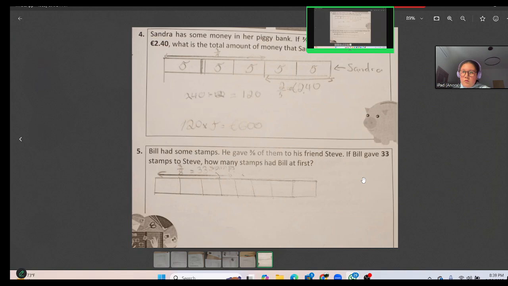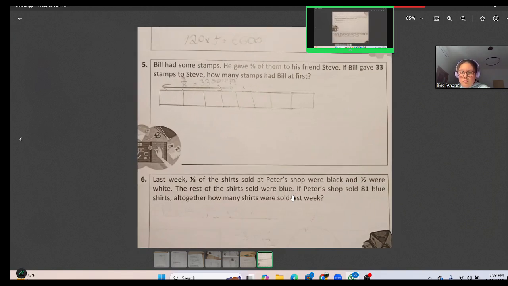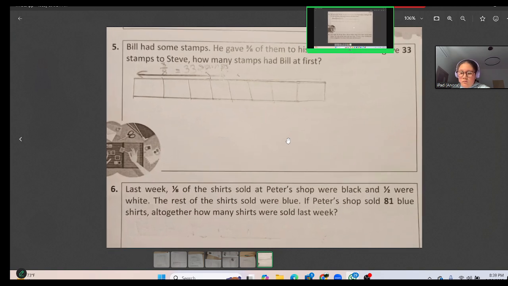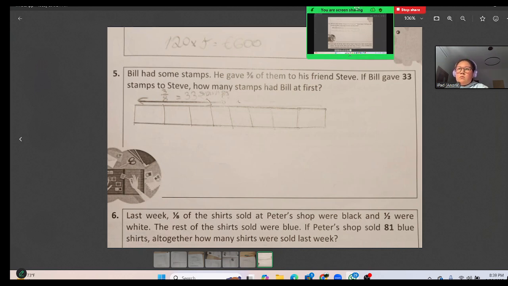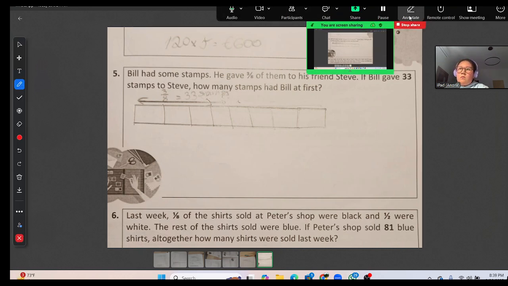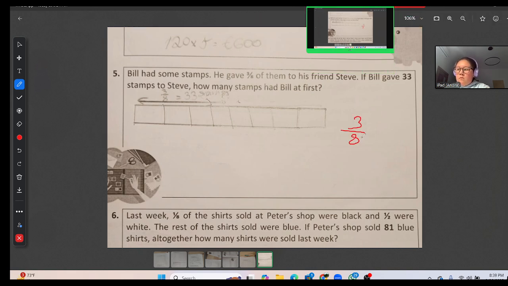So let's do the fifth question. Bill had some stamps. He gave 3/8 of them to his friend Steve. Whenever you have a fraction, let's suppose 3/8, in the denominator, what do we write? The denominator represents how much we have to divide the bar, the total number of parts.